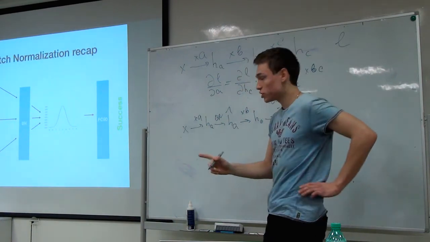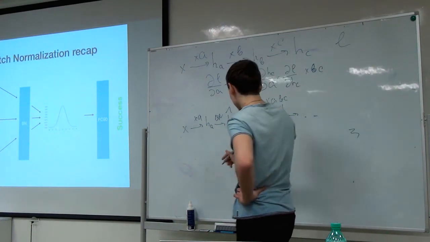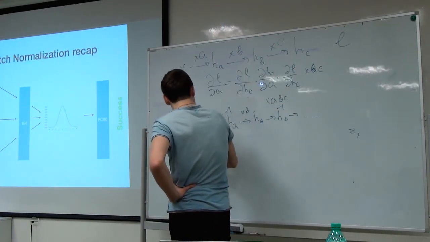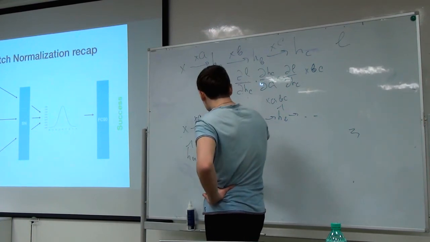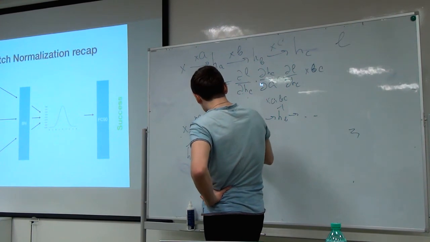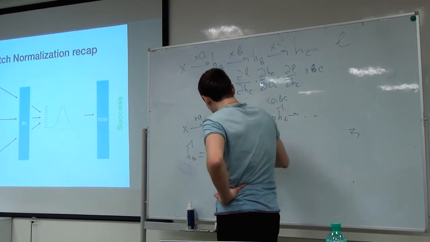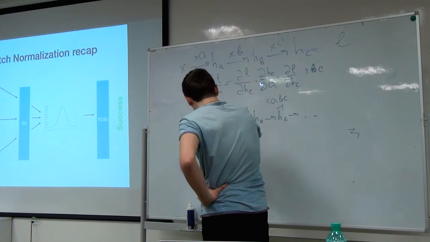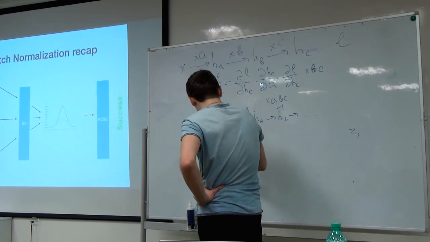And the batch normalization here will look as follows. Without affine transformation, we subtract the mean of our activation HA and divide by the standard deviation.